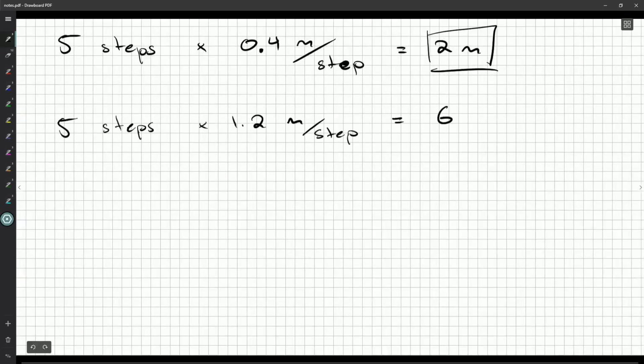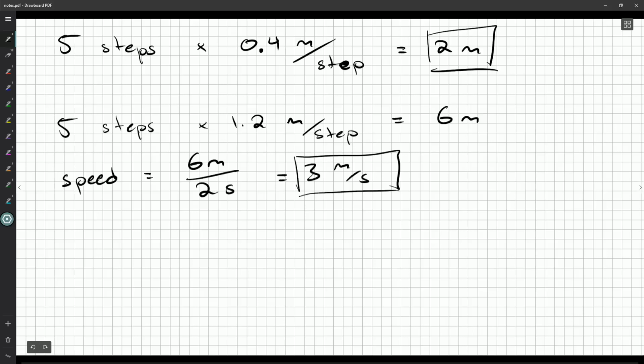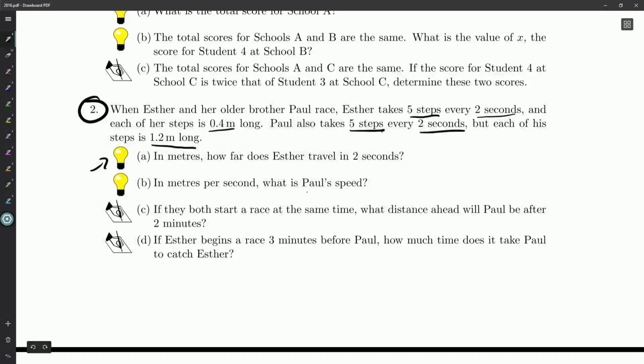Move the decimal place over. Paul does 6 meters every time he does 5 steps, but he does 5 steps in 2 seconds. So Paul's speed is going to be distance, 6 meters, divided by time, 2 seconds. 6 over 2 is 3 meters per second. And that's our answer to part B. Paul's speed is 3 meters per second.